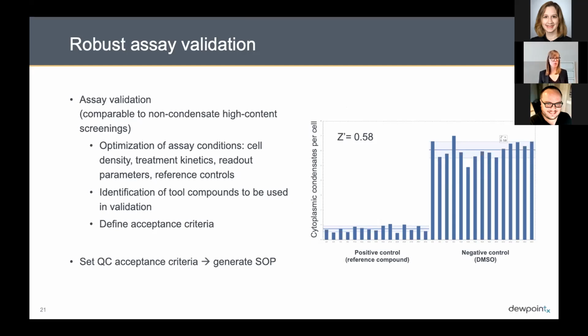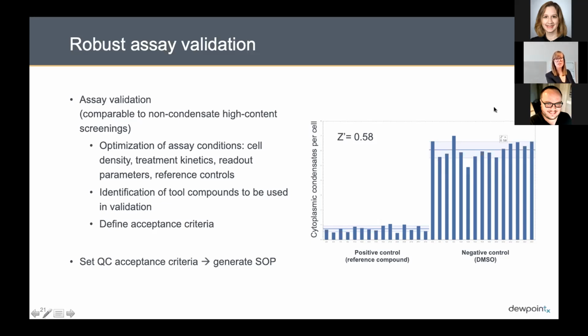During this process, we optimized assay conditions such as cell density, treatment kinetics, readout parameters, etc. We also identified tool compounds to be used in the validation process, and we defined the acceptance criteria. These acceptance criteria allow us to set quality control criteria that are locked in the SOP of the assay, which allow us to have a robust and reproducible assay.